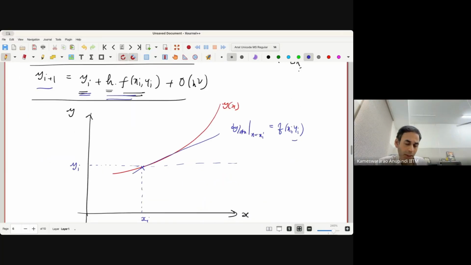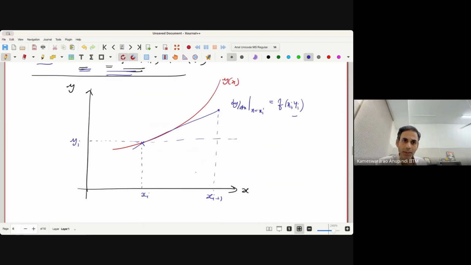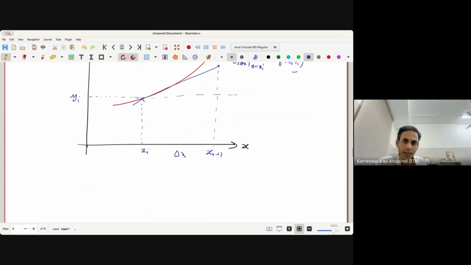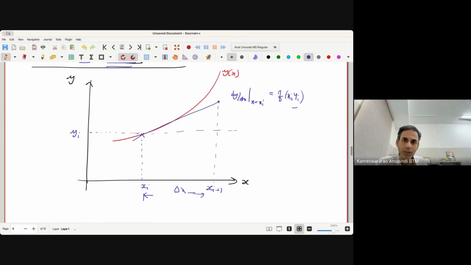Then we obtain the value at xi plus 1, because we are multiplying the slope with h, which is basically adding delta x to xi, that is x plus h. That value is your yi plus 1.